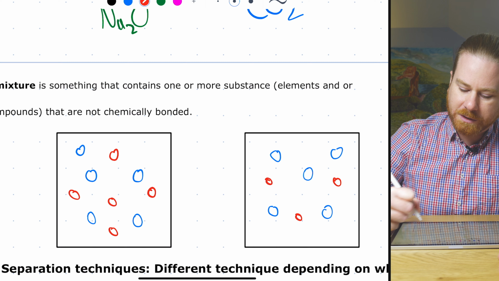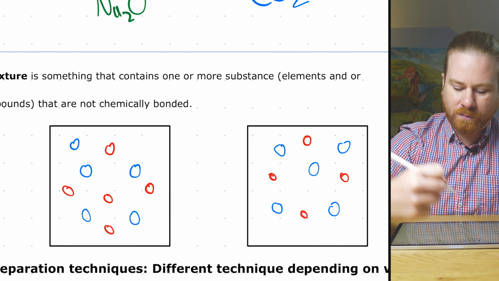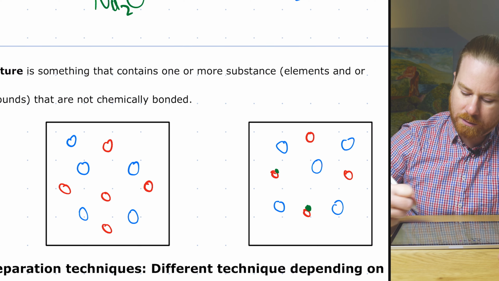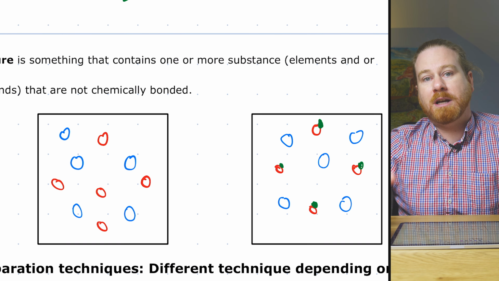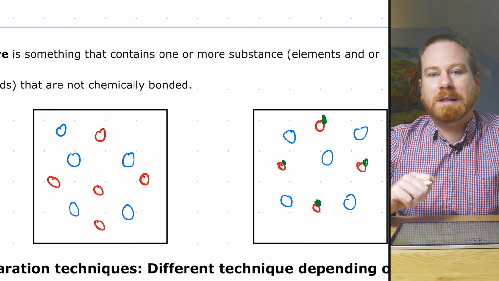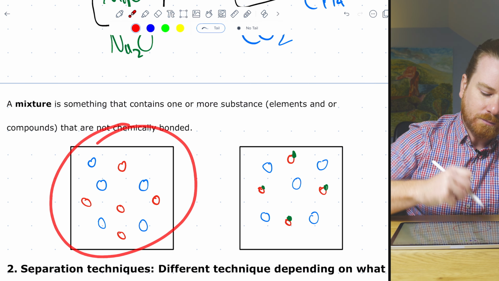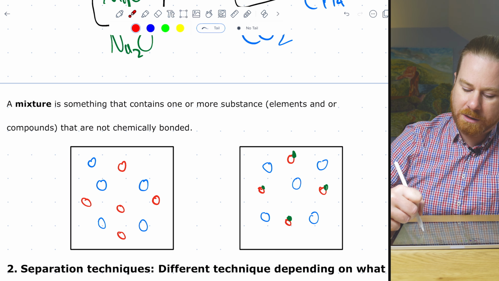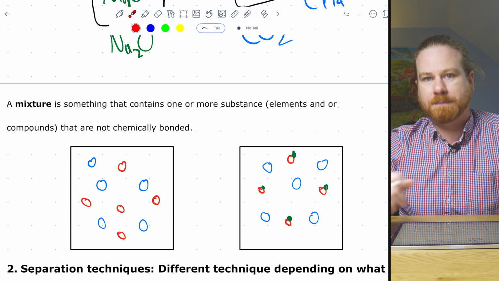Over here is another impure mixture of elements, but we can turn things into compounds. If the circles are touching, that means there's a chemical bond, and you're more than likely to have a compound. So over here a mixture of elements, and over here we've got a mixture of elements and compounds.